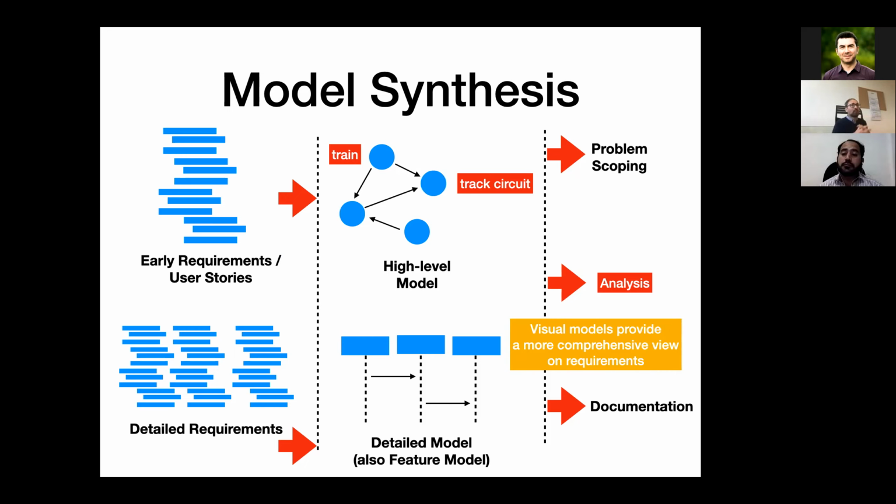This was studied also in product line engineering, which has some link with requirements engineering. All these can be useful both for documentation, but also for requirements analysis, because of course, visual models provide a more comprehensive view on requirements. Requirements you read sequentially, one after the other, while a model comes to you as a whole, as an entire artifact, okay, that you can read all together.